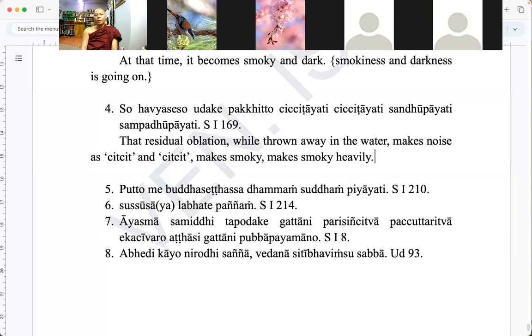So that means, according to the story, that oblation was actually prepared by a Brahmin to offer to the Buddha. At that time, some of the deities also wanted to participate, so they added one of the celestial ingredients to it.